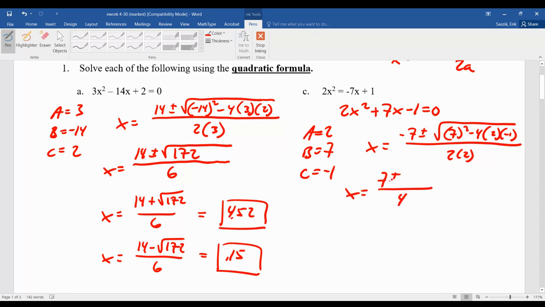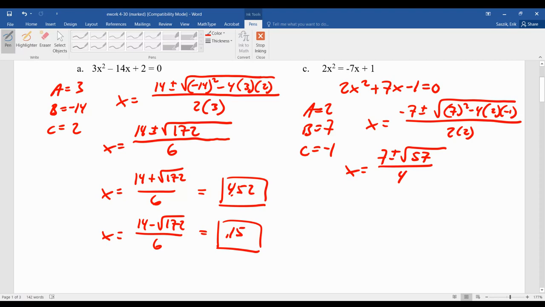Now again, punch this in exactly as it's written with the parentheses on your iPad and your Inspire, not with the square root though, and this comes out to 57. That's a number a lot of teachers like to see. They want to make sure you're doing that part correctly.